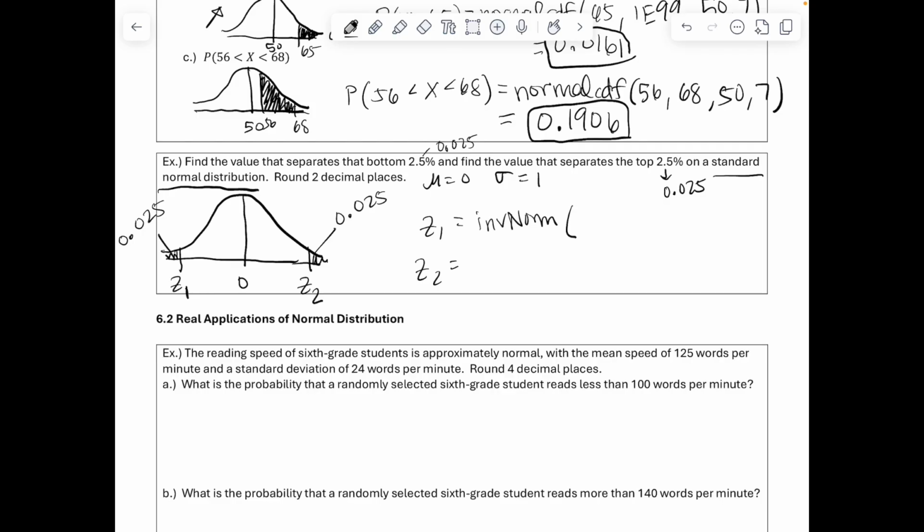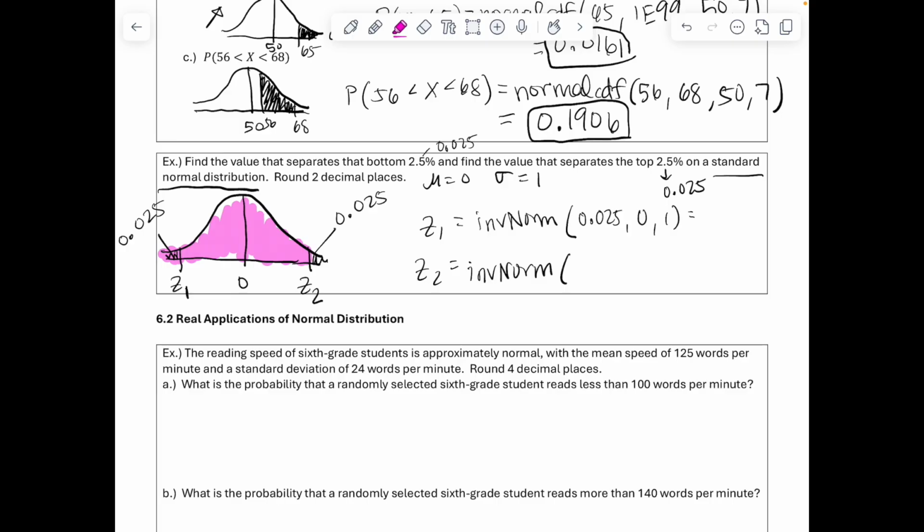Inverse norm works as area to the left, and the area to the left of Z1 is 0.025. The mean is 0 and the standard deviation is 1. But then for Z2, we have the area to the left, and so I'm going to shade that whole area to the left. It's all of this plus that little tail part.